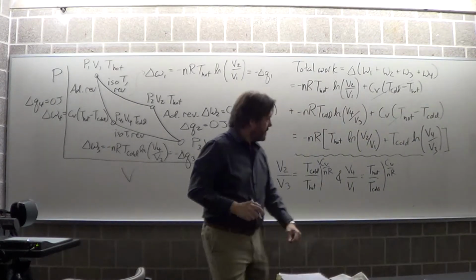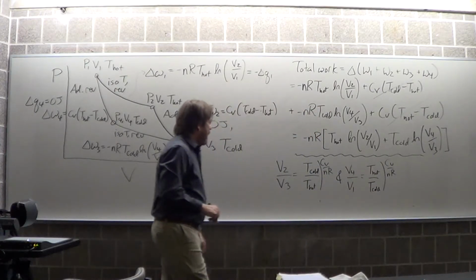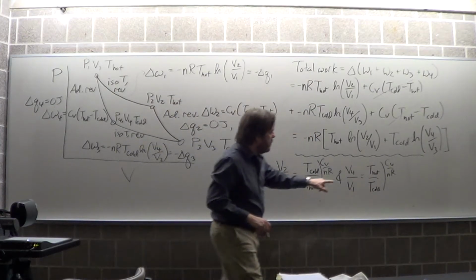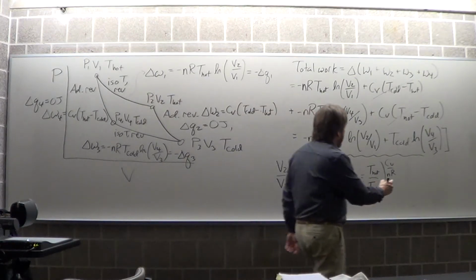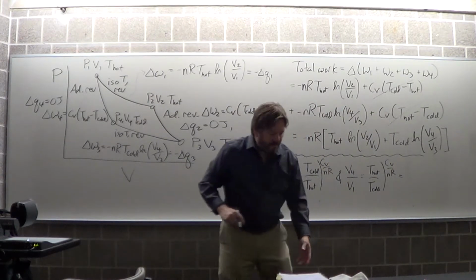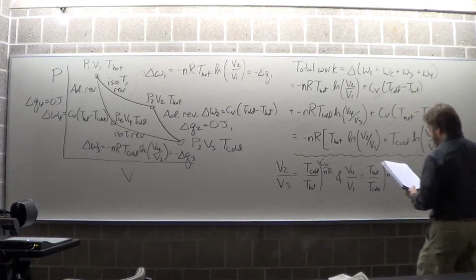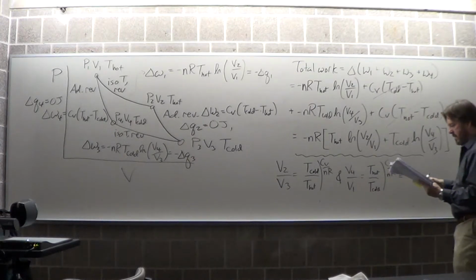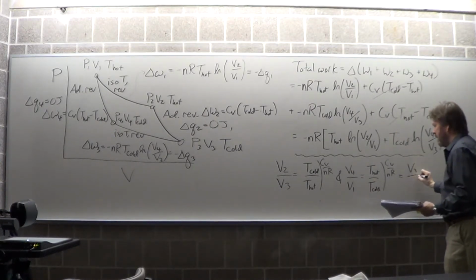Okay, so here's the thing. Cold, hot, hot, cold. And I've got 2 connected to 3 and 1 to 4, right? That's the whole point. Now what I can see from here is that V4 over V1 is therefore equal to V2, is that right? V3 over V2?